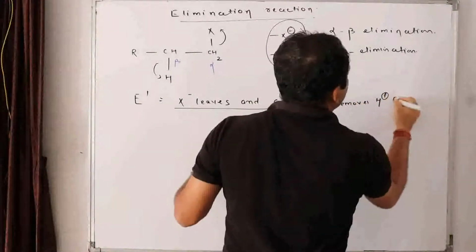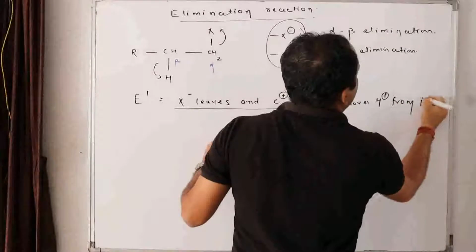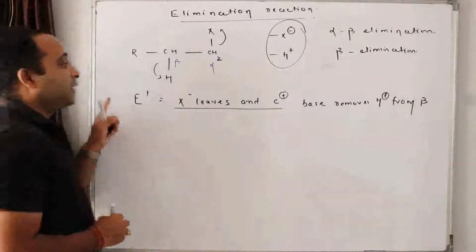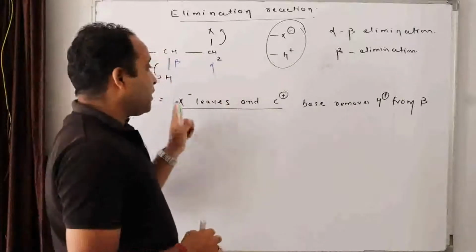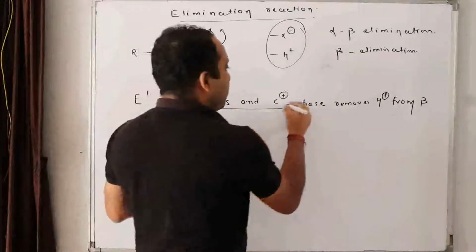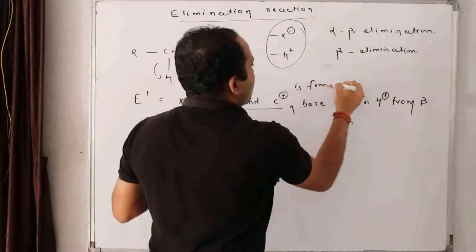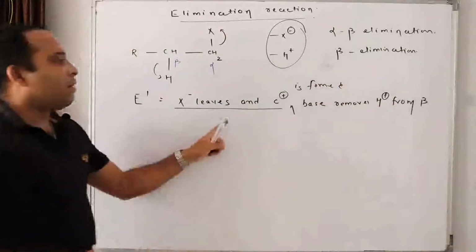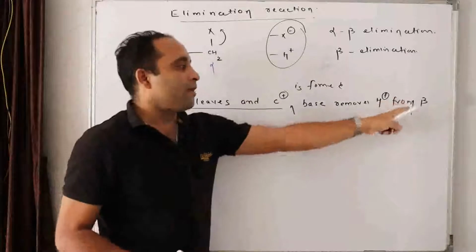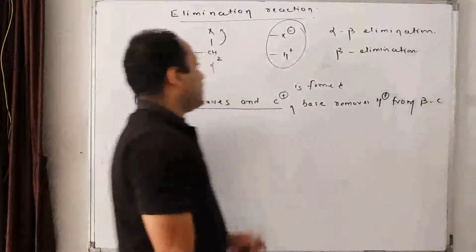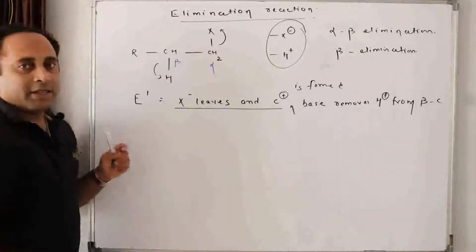Clear? This is E1. It takes two steps: the leaving group leaves and the carbocation is formed, then the base removes H plus from the beta carbon. This is the first variety we'll discuss.